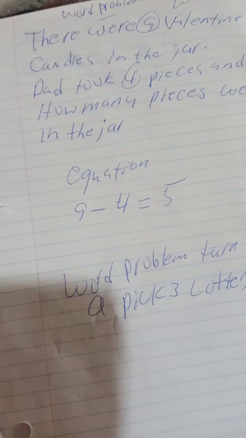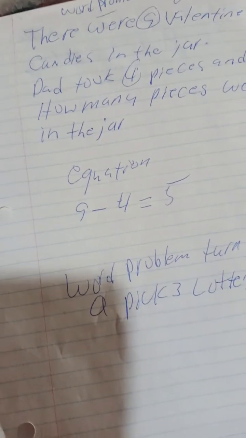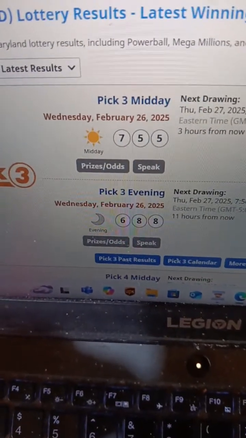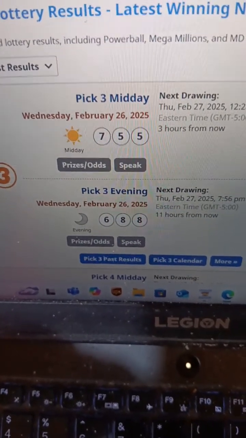Now, you might sit back and say, okay, that might be right. How do you put that into a logical way for a lottery number? Same way you would do that for a logical lottery number. Let's go into Maryland numbers right now. Yesterday's number in Maryland was pick 3, midday Wednesday, February 26, 2026.